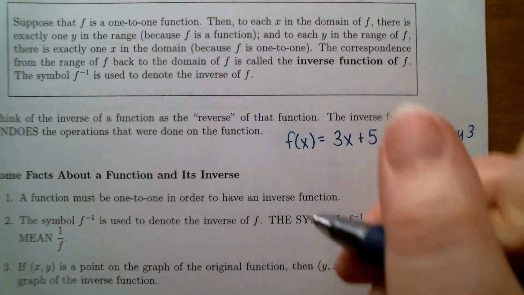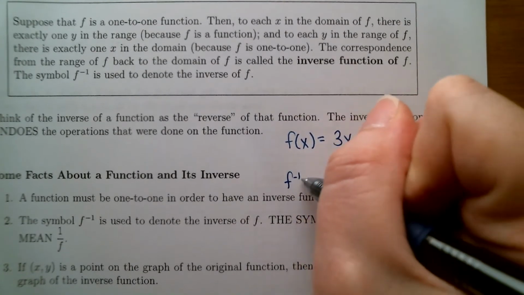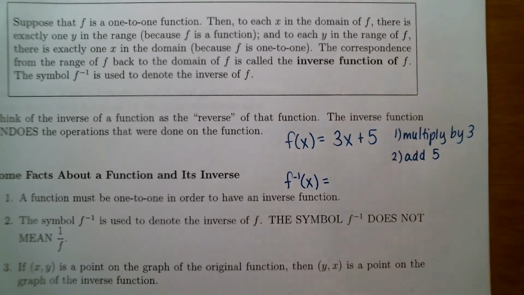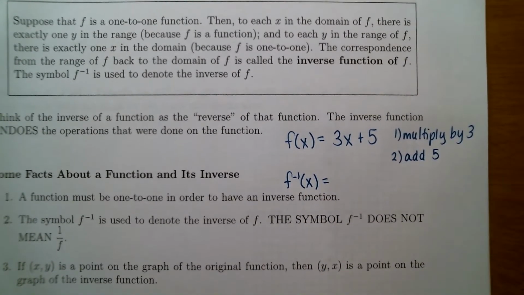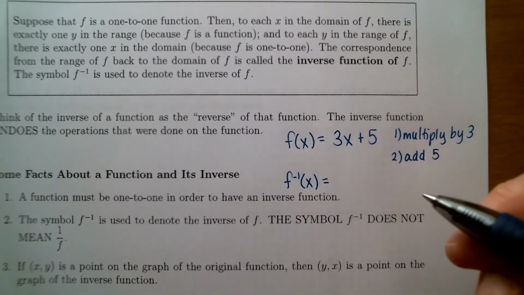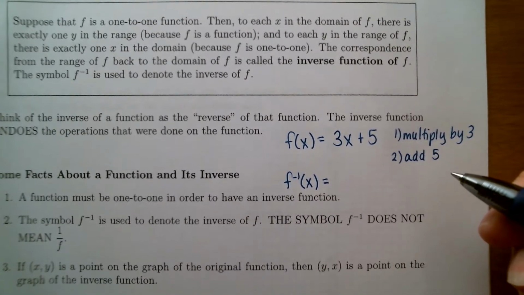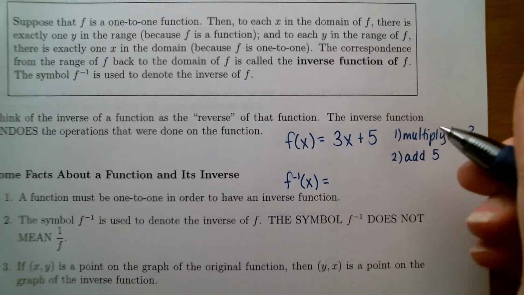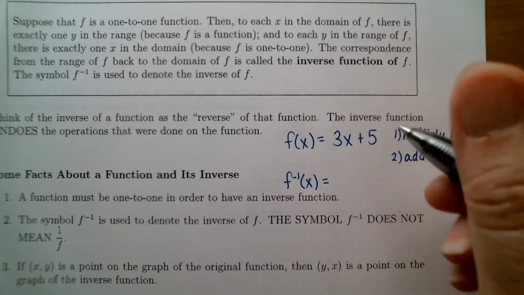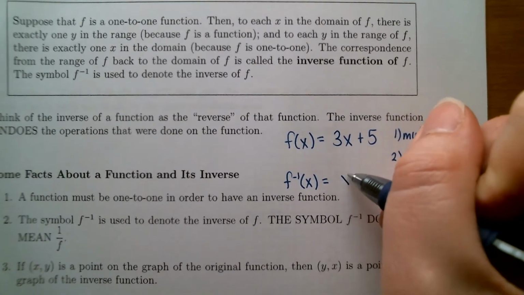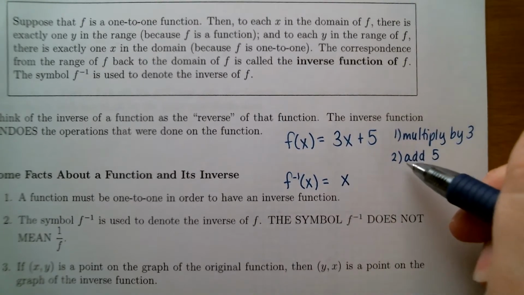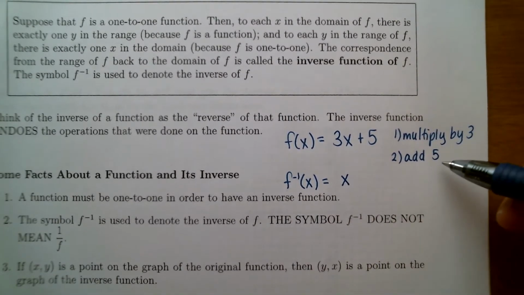And there's a way to calculate the inverse function. I'm just going to write it down here because I've done this for a long time. The inverse function is going to undo these operations of the original function. It's going to take your x value and undo these backwards.